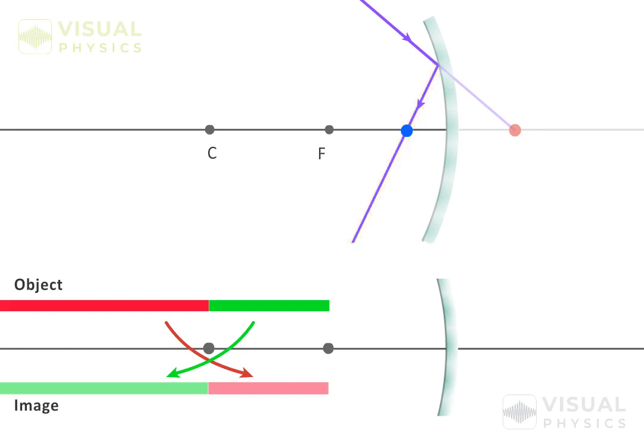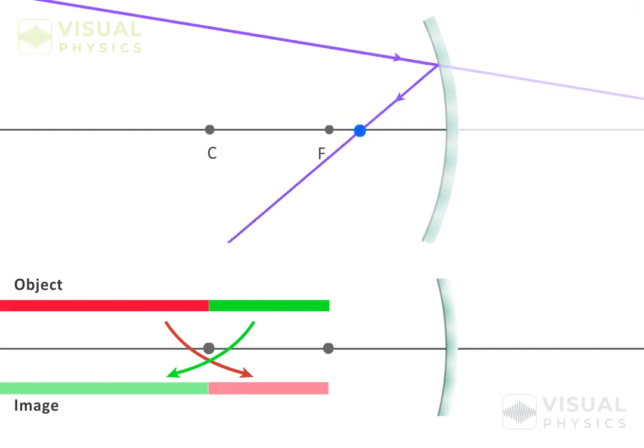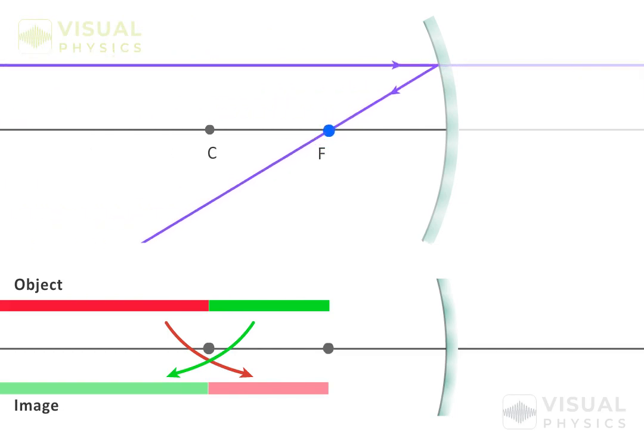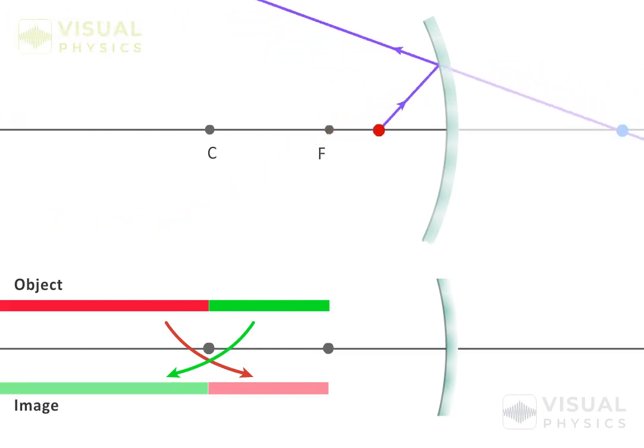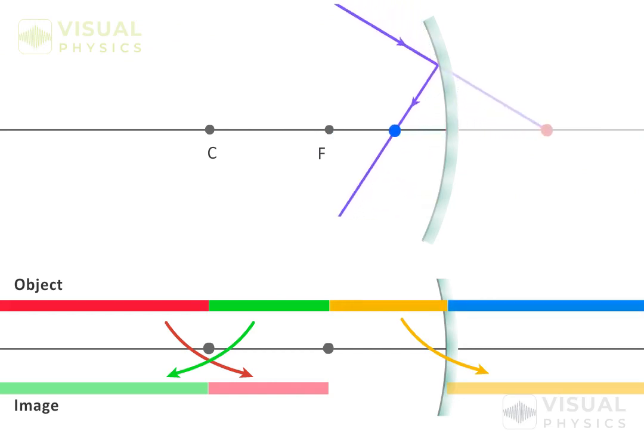As the object moves towards infinity, the image moves towards the focus. Therefore, when the object is in this region, image is in this region. And when the object is in this region, image is in this region.